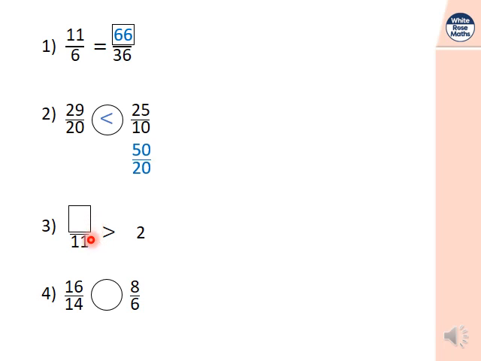Well, first of all, I know 1 whole would be 11 elevenths. So 2 wholes would have to be 22 elevenths. And I could have put any number greater than 22 as my answer.